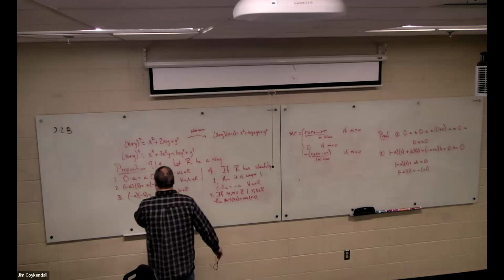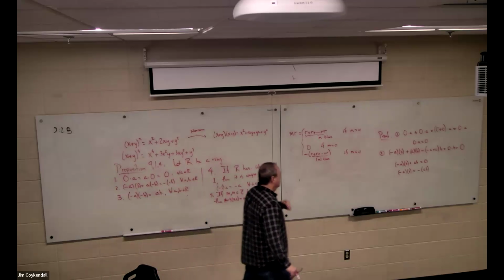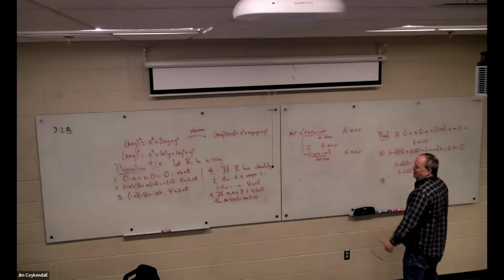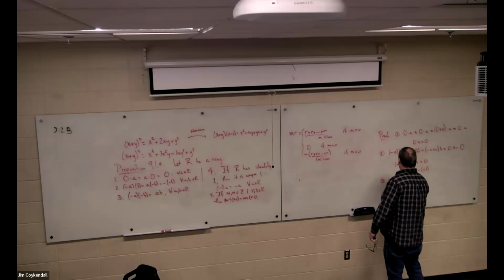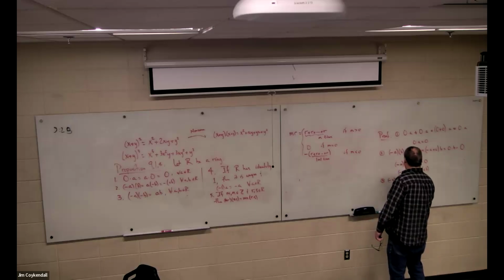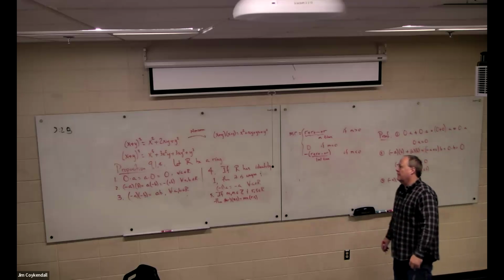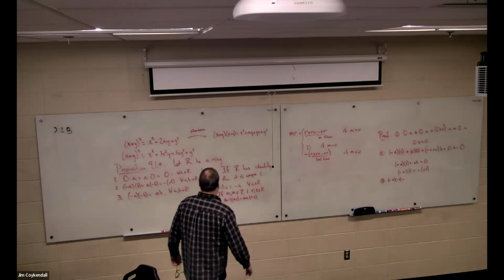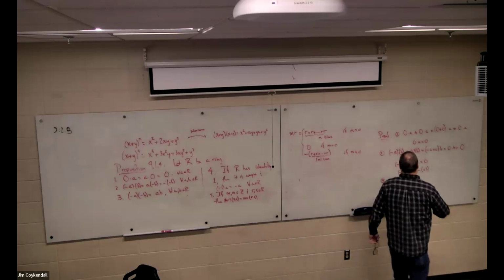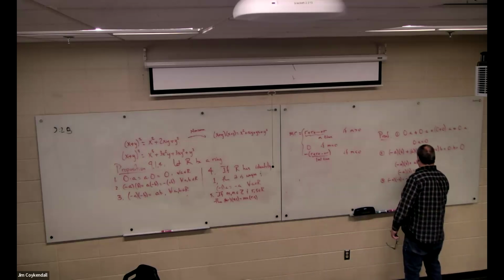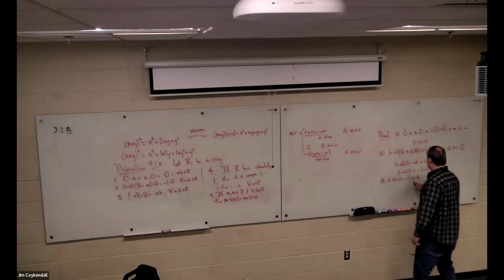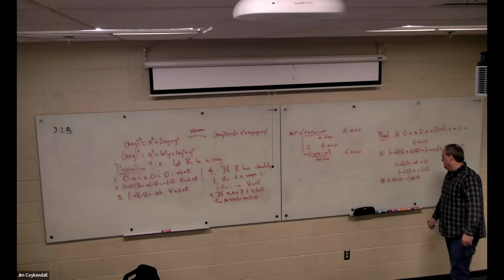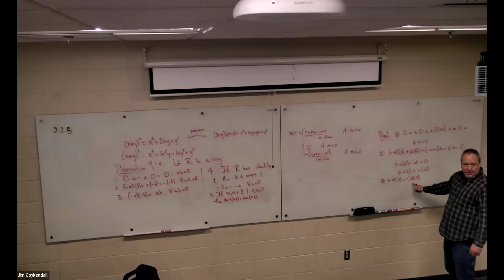How about this one? One way to do this, I guess, is to apply the previous one. Negative A times negative B is negative A times negative B. That's by using the previous one, right?